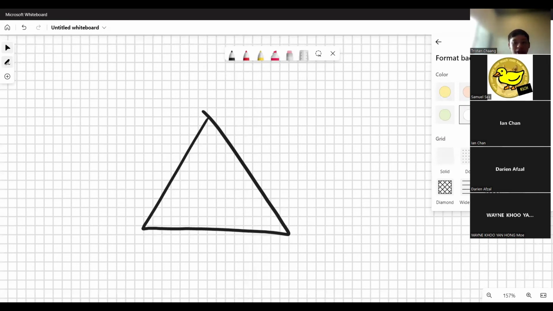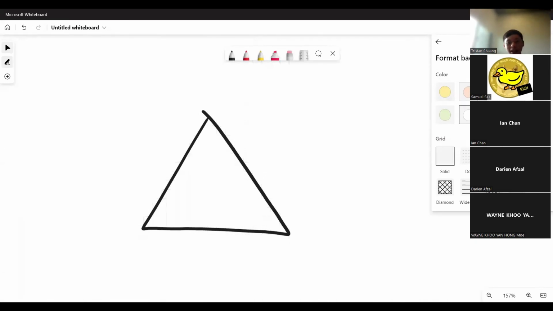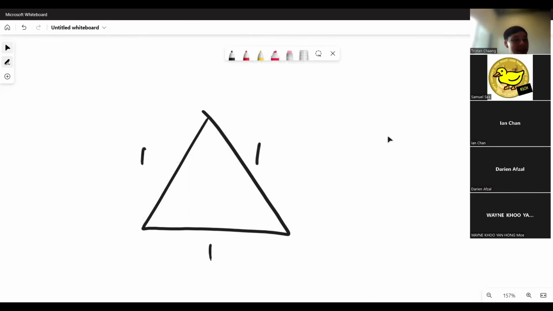So given an equilateral triangle with side length 1, and I just have 10 points inside, how do we make sure that 2 of them are at most 1/3 apart?